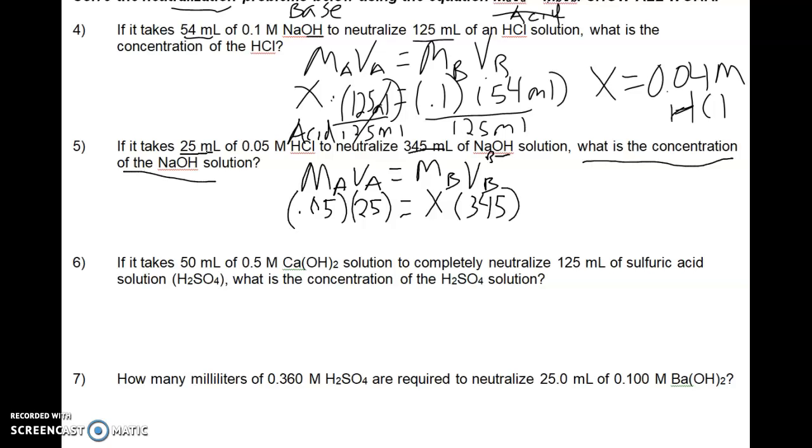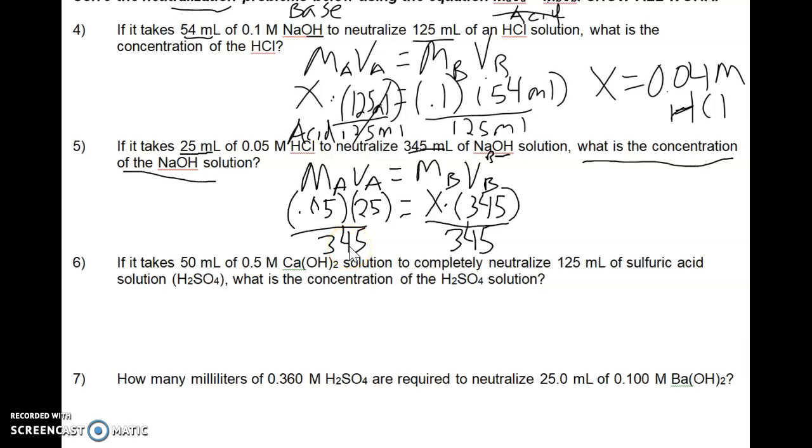Okay, so same as before, we are solving for X. Because 345 is being multiplied by X, we want to do the opposite sign and divide it to get X by itself. So we're going to divide both sides by 345. And so we have 0.05 times 25 divided by 345.